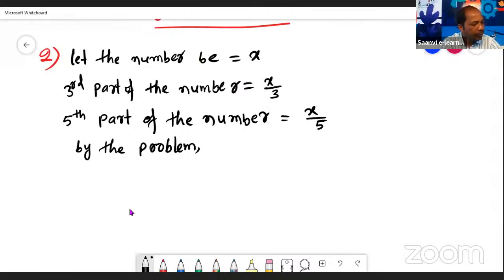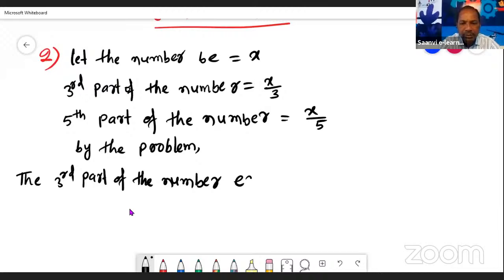The third part of the number exceeds the fifth part by 4.